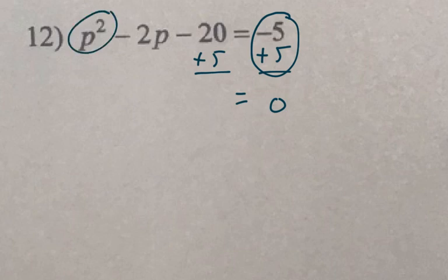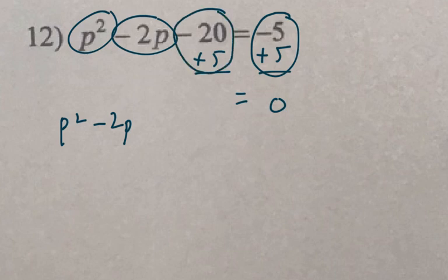So on my left, I have p squared minus 2p, 5 and minus 20 is minus 15. Now, at this point, guys, you could do the quadratic formula. But let me show you in this case how much simpler factoring can be.